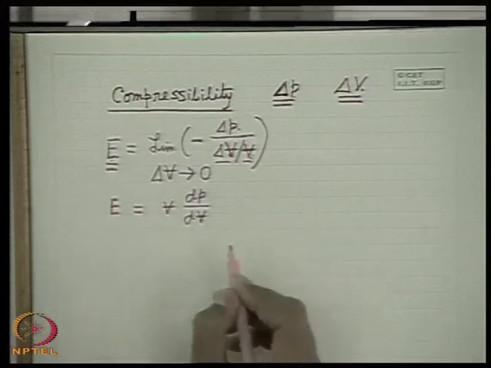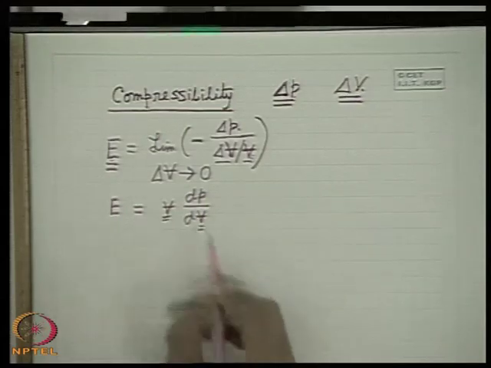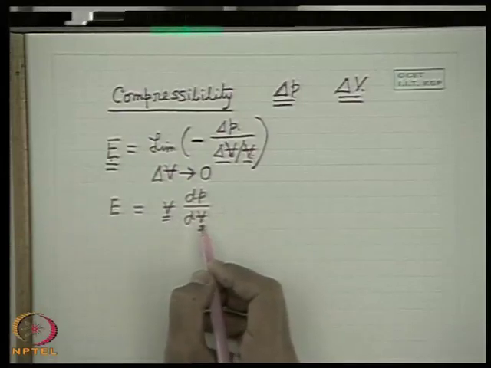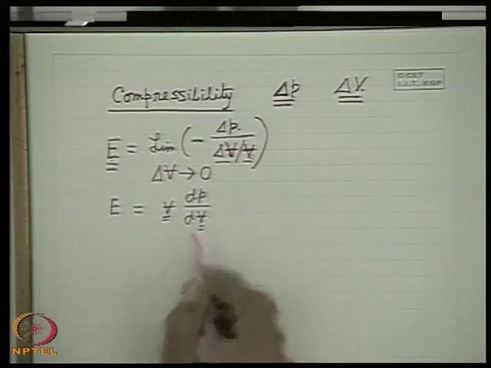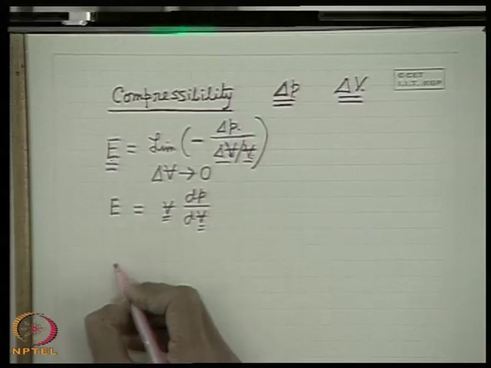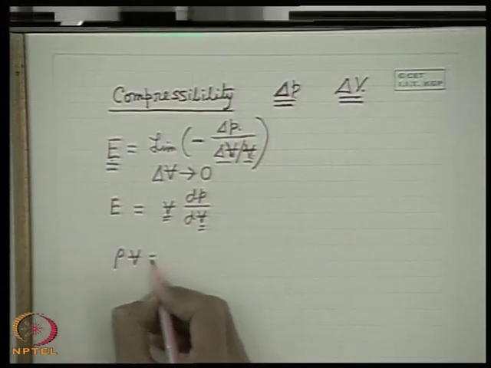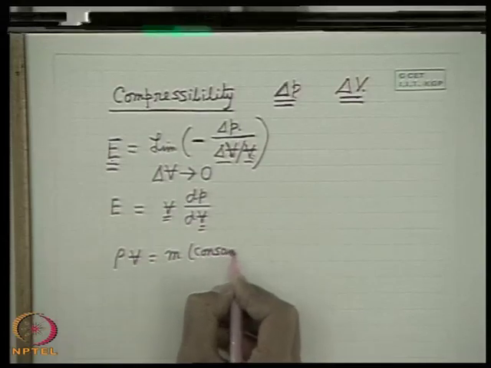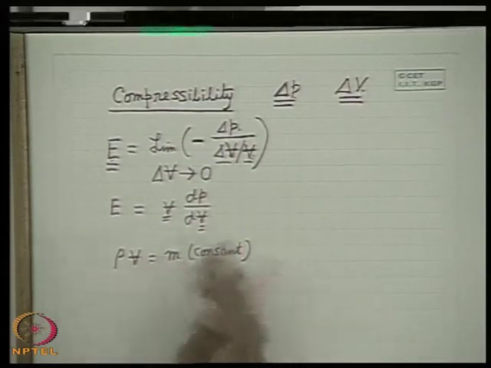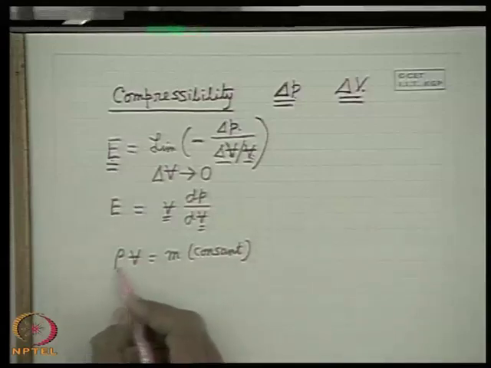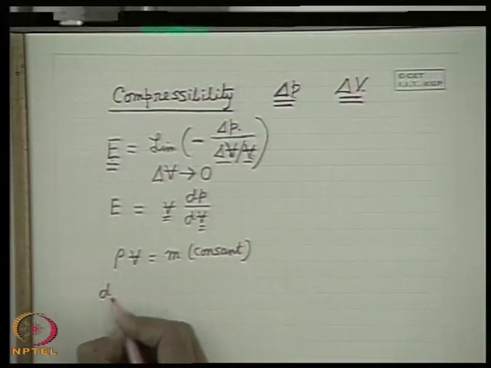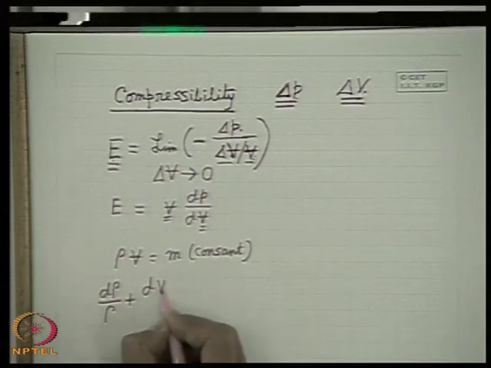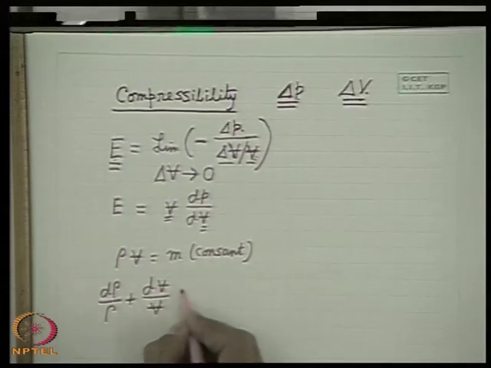Sometimes it is convenient to deal with density rather than volume. So we can change this in terms of the density. For a given mass of a body, rho into V is constant, that is the mass. That means for a given mass, a change in volume and the change in density are related in the opposite way. If we make a logarithmic differentiation, which is very simple, I have done everything at the school level, we get d rho by rho plus dV by V is equal to 0.